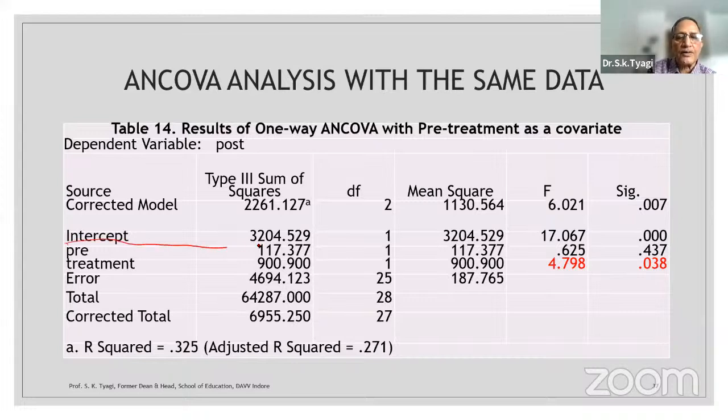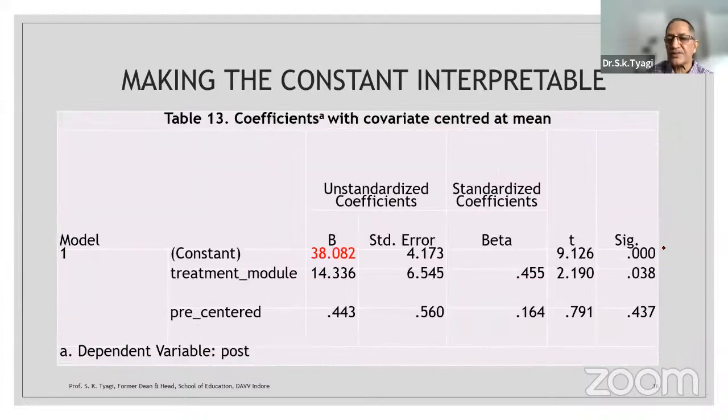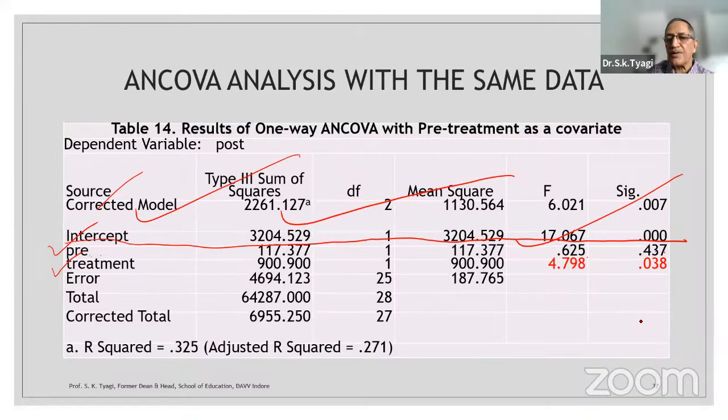In ANCOVA, we will learn to interpret these. Even this pre is not interpreted, but you can see it here: pre, 0.625, 0.437. So this value tallies with this 0.437. Now here it is F and there it is T. So this value is different.